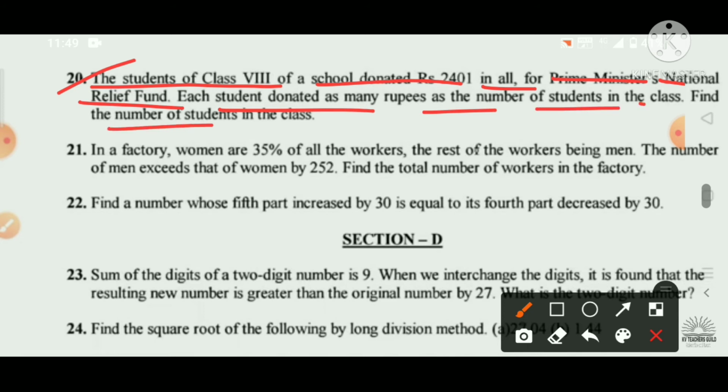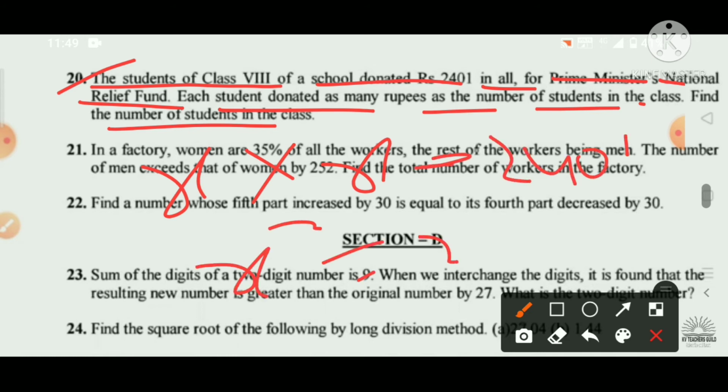So you can take x into x is equal to 2401. X squared becomes 2401. X is equal to the square root of 2401. Then we can find the value of the square root of 2401, and you will get the answer for this question. Let us see the next question.